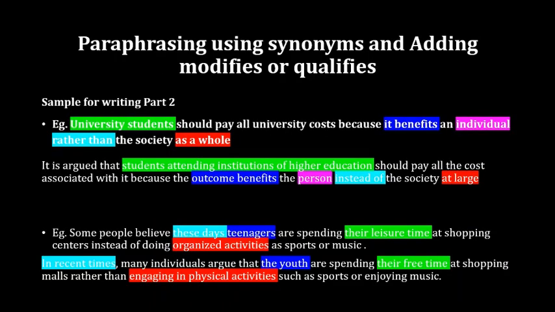Now let's look at the last part of paraphrasing, which is using synonyms and adding modifiers or qualifiers to your write-up. Okay, this is best used in writing task two. You can utilize them also in writing task one, because if you can get a synonym of a word and the meaning in context is the same, just go for it and use it.